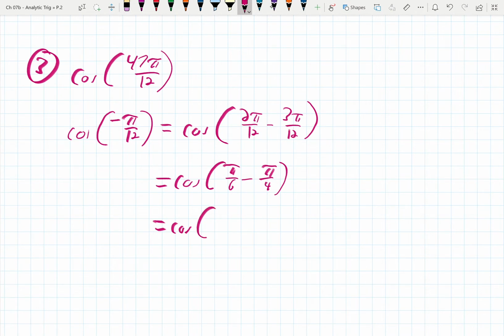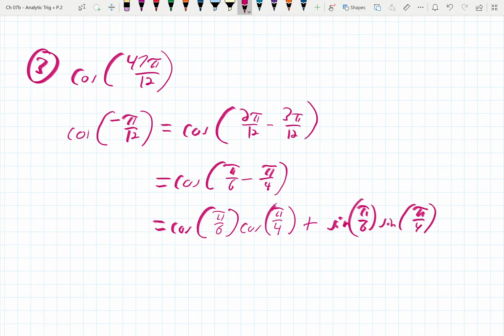And then we just make sure we use our cosine identity. Cosine pi over 6, cosine pi over 4. The cosine difference one is an opposite sign, so that's going to be plus sine of pi over 6, sine of pi over 4. Cosine, cosine, sine, sine.